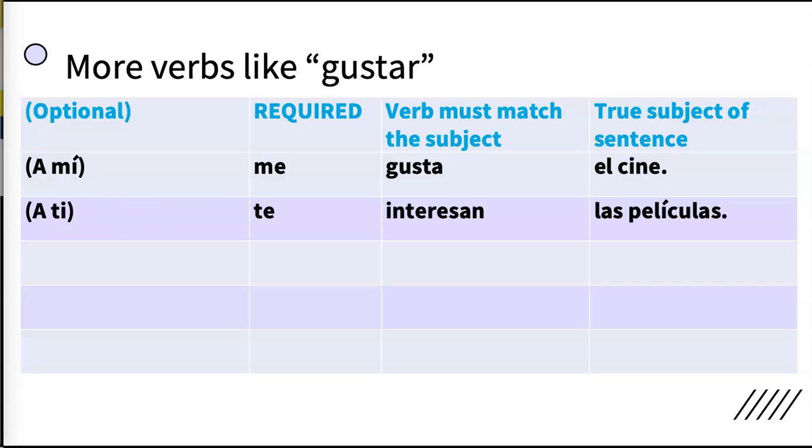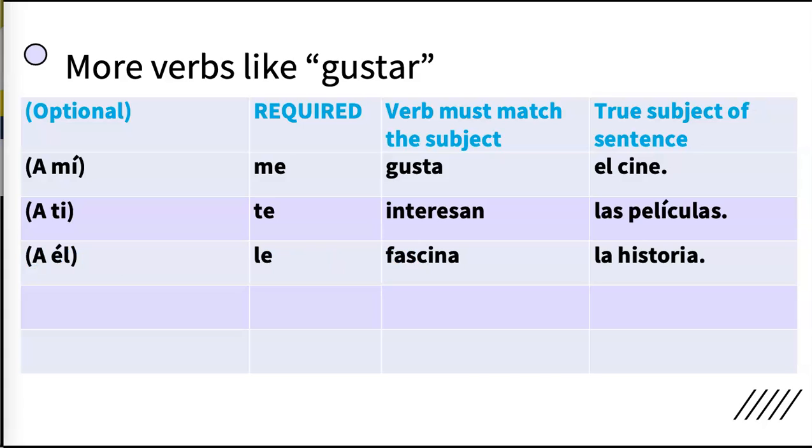Now, what about a ti te interesan las películas? Now, notice interesar acts like a verb like gustar. What does it mean? You're really interested in movies. If we add the optional a ti, we're emphasizing the degree of interest.